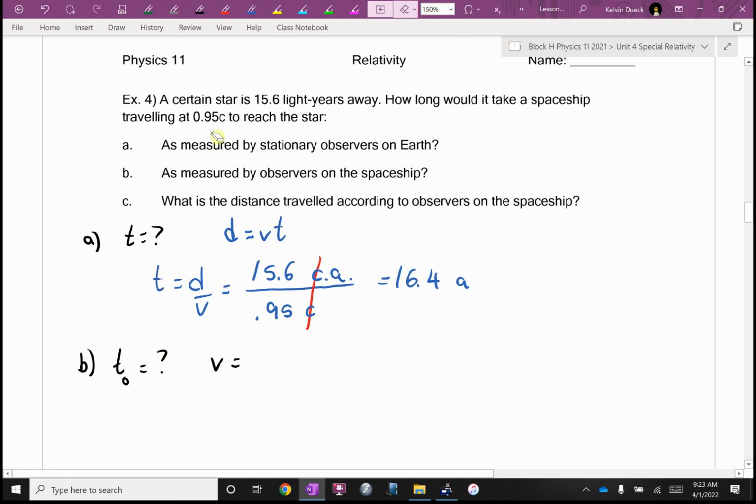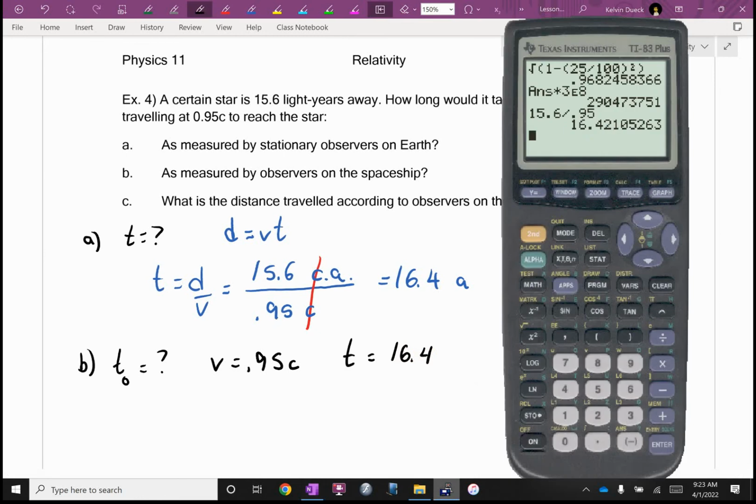Oh yeah, 0.95 c. And that must mean I must know T. That's why I had to do A first. I'm going to write 16.4, but you know I'm using my answer button instead, because it's 16.421052.